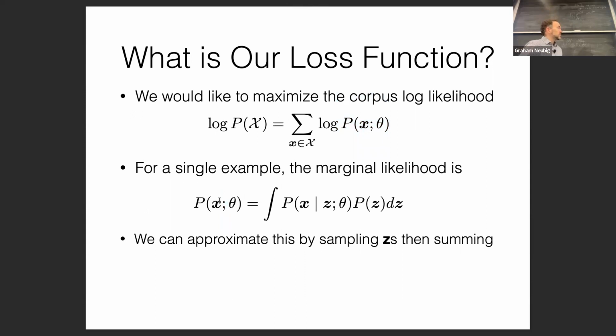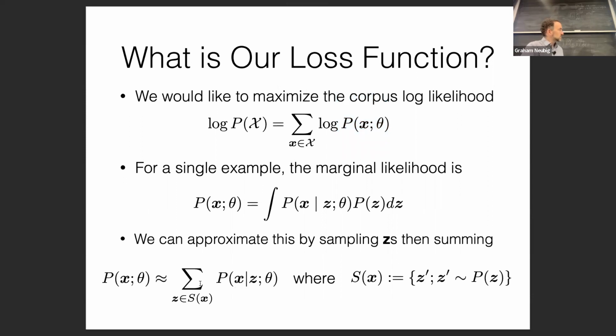We can also approximate this by sampling z's and summing over them. Instead of trying to take this whole integral, which, if it's a relatively complicated distribution, is not feasible because we can't solve this integral in closed form, what we can do is sample z from the prior and approximate this integral up here.